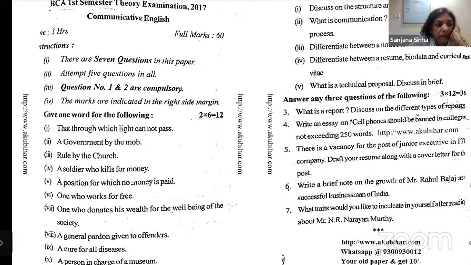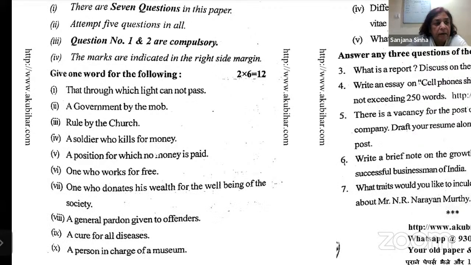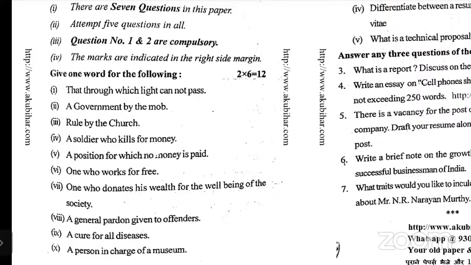Now look, give one word substitute. This one word substitute comes in the second semester, but it has come in your exam in the first semester. So what is the one word substitute for that through which light cannot pass? Opaque.